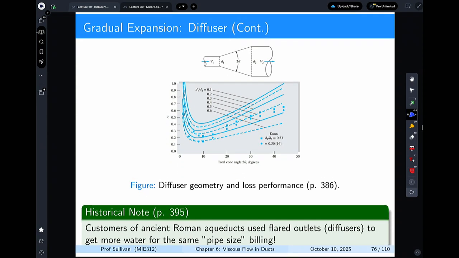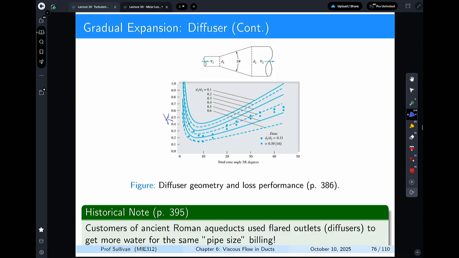So here is a sudden expansion, or a diffuser, and you can see that K, which is on the left axis, is versus total cone angle. If you can drop it to between, say, 5 to 15 degrees, you have the best value because you have low pressure drops.